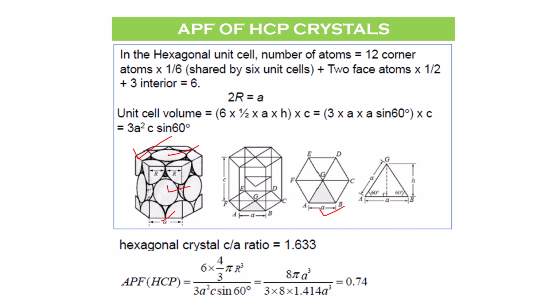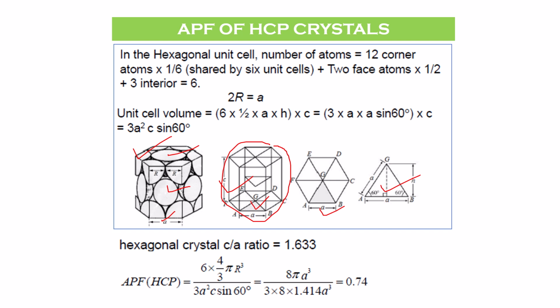Now the volume of this unit cell is equal to the area of this base into height. So the area of this base is equal to 6 into the area of this triangle, into C, that is equal to the volume of this hexagon.